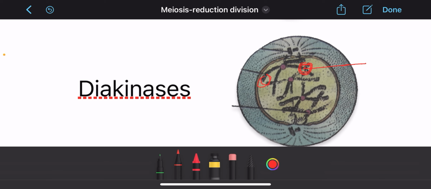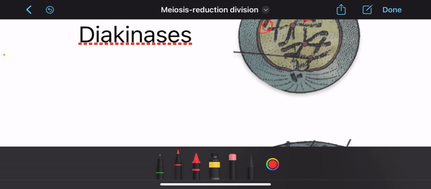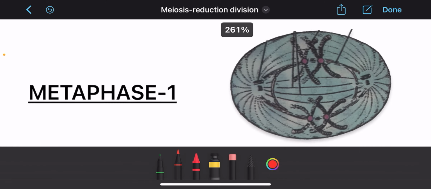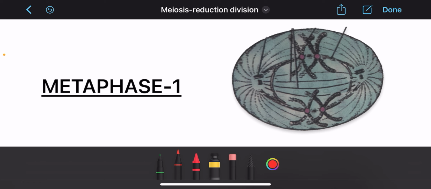After this, the cell enters into metaphase I. Here, in metaphase, you can find the chromosomes aligned in the equatorial plane. Homologous chromosomes align at the equatorial plane and attach to the spindle fibers through the centromere. After metaphase, the cell enters into anaphase.